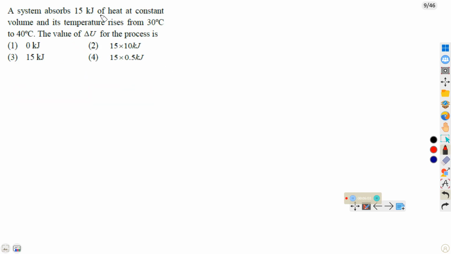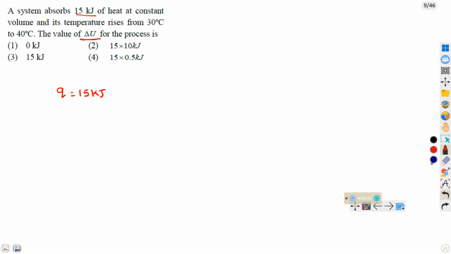A system absorbs 15 kilojoules of heat. Q value is given as 15 kilojoules at constant volume, and its temperature rises from 30 to 40 degrees Celsius.